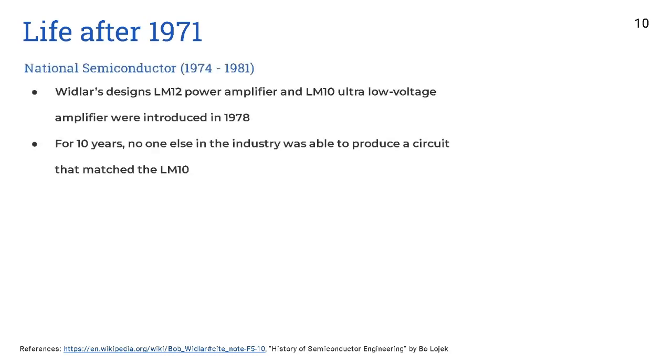As I said before, Bob Widlar had gone on a vacation for around 3 to 4 years after 1970, after leaving National Semiconductor. Again in 1974, he returned to National Semiconductor, where he stayed till 1981. During his time here, he designed some of the revolutionary voltage regulators and amplifiers.